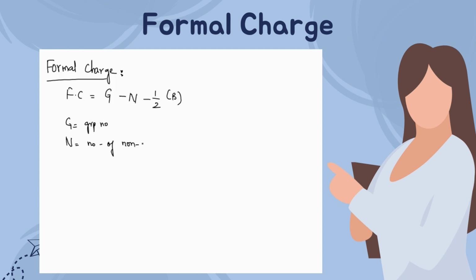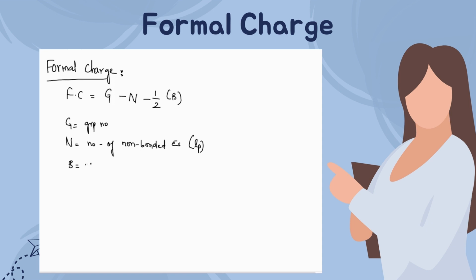What are non-bonded electrons? As we've discussed in the earlier video, if you want, please go and check it out. Non-bonded electrons are nothing but the lone pair electrons which are not involved in the bonding, but still exist in the valence shell. And what is B here?